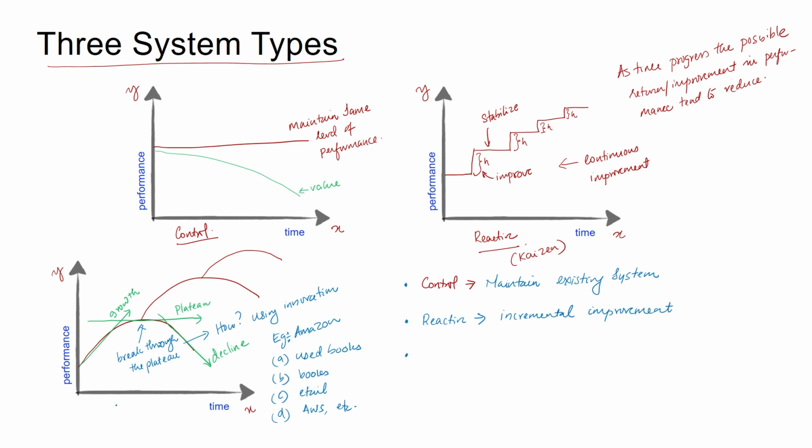Then this system, where we talk about breakthrough, is what we call a proactive system. It is an innovative breakthrough system. As I also mentioned yesterday, innovation is equal to creativity plus commercialization.